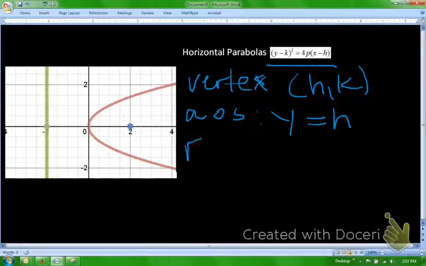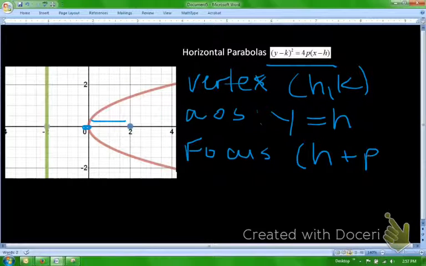Now, to find the focus, again, we're moving to the right from the vertex. So if I'm moving to the right p units, I need to adjust my x, or my h variable. And then my y variable is the k, or the shift.